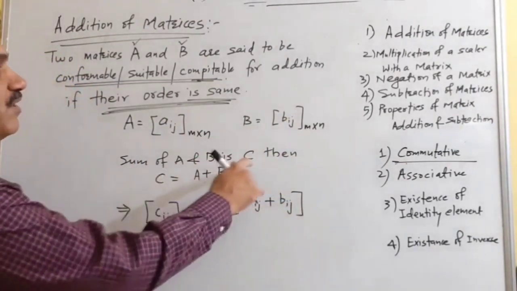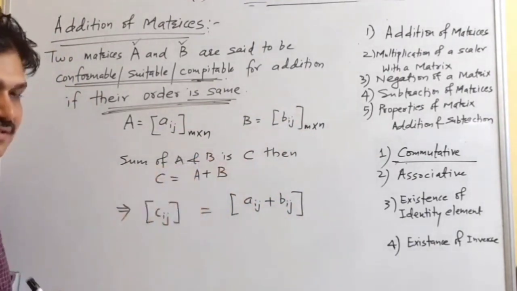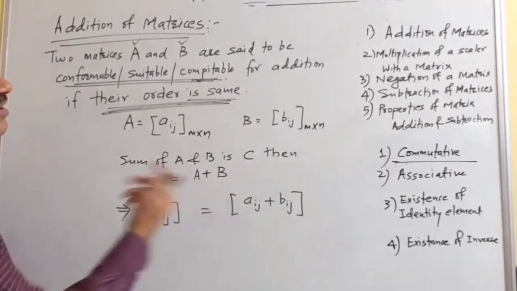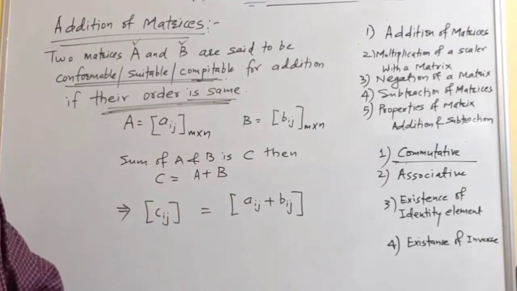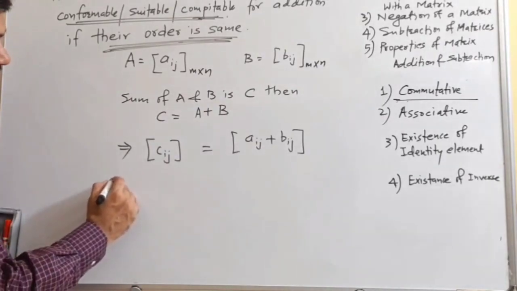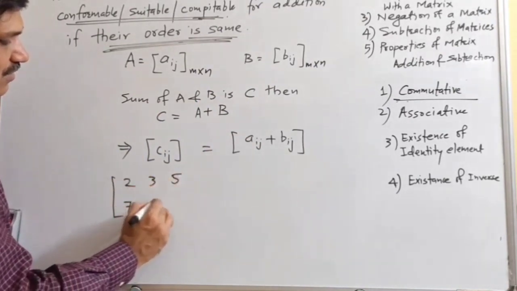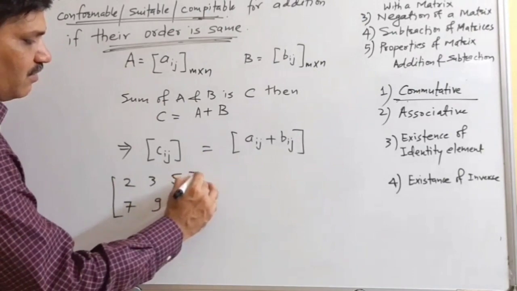So if the sum of A and B is given by C, that is, matrix C is equal to matrix A plus matrix B, then its element Cij is equal to Aij plus Bij. Taking an example to make it clear, suppose I have a matrix A that is 2, 3, 5, 7, 9, 11.